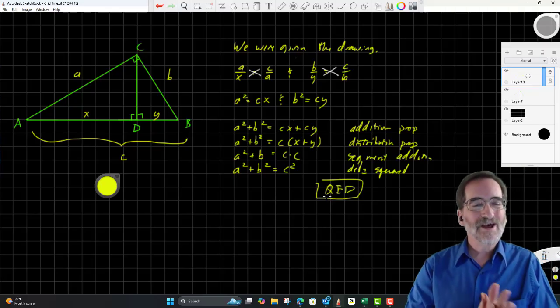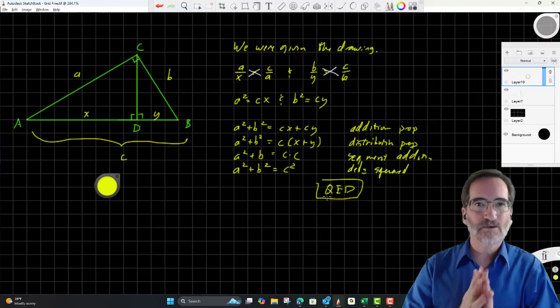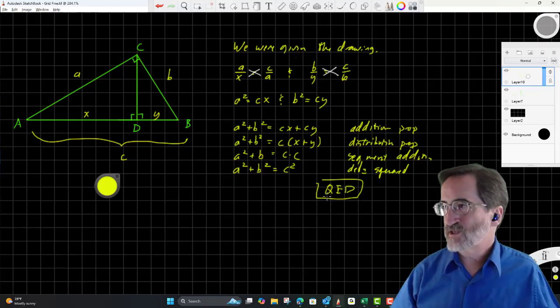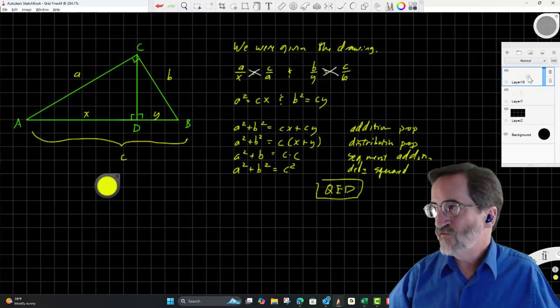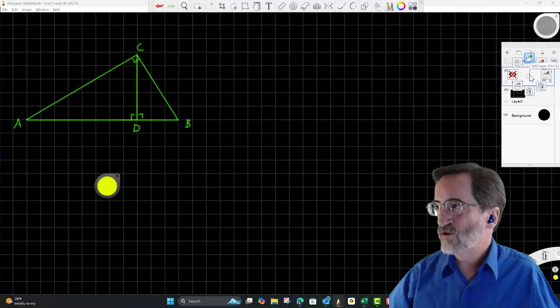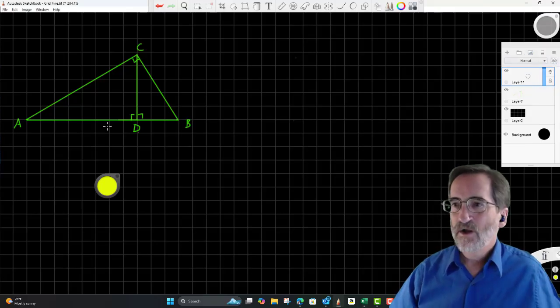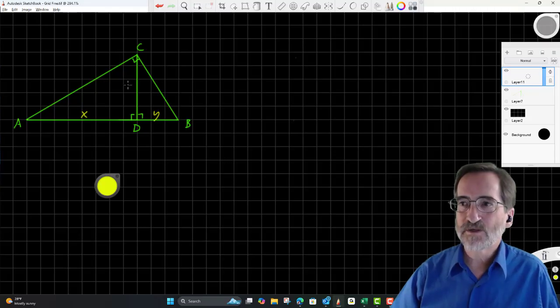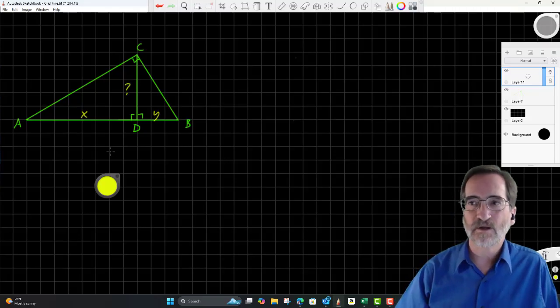All right, so that said, let's go to some practical problems. Your problems are going to center around finding missing sides. And let me get rid of this and prove one more thing here. Let's say I label this x and this y, and I'm interested in this dimension right here.